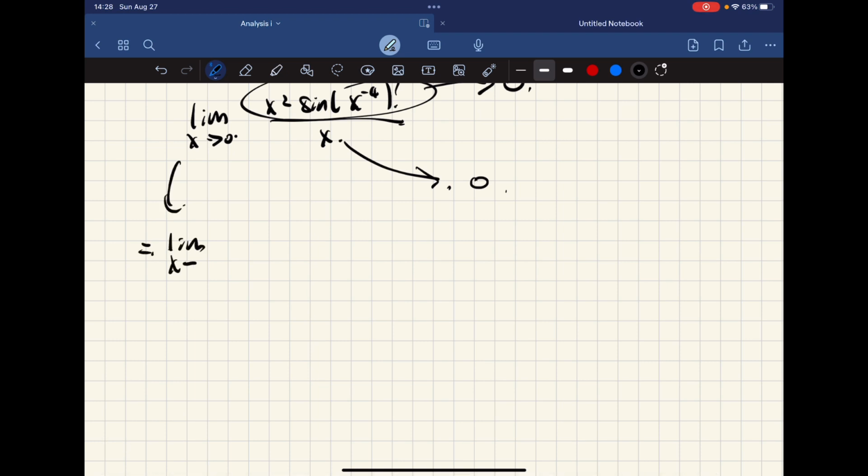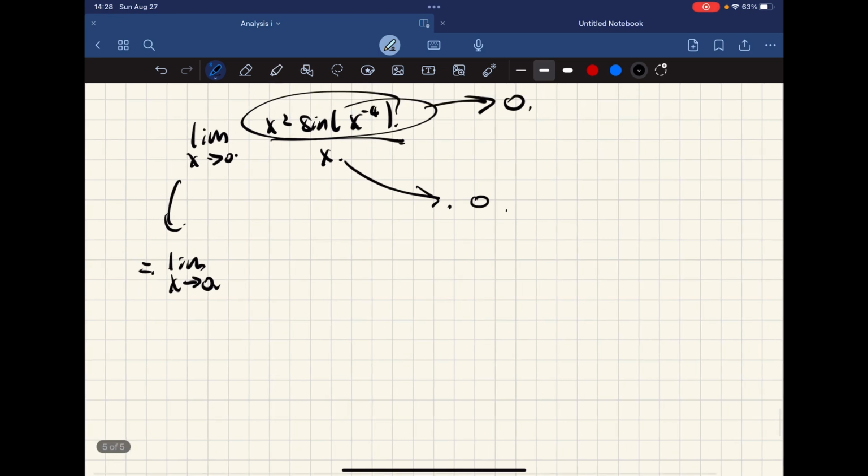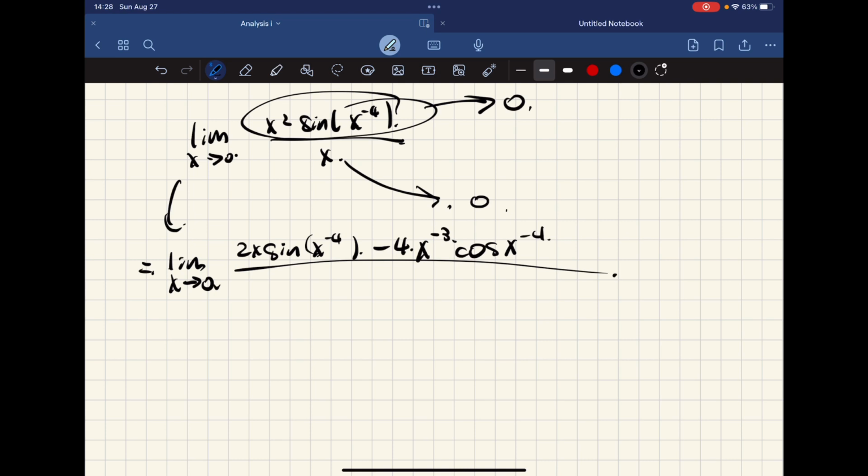We have x goes to 0. And there's a bit of a mess in differentiating this, but let's just do it. You get minus 4 x to the negative third power cosine x to the negative fourth power, and then the numerator is easy, the denominator is easy, it's just 1.